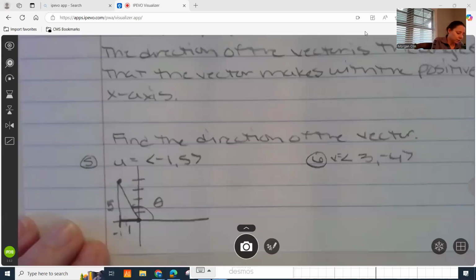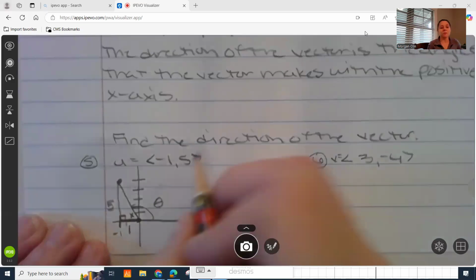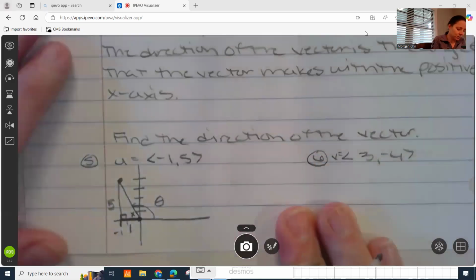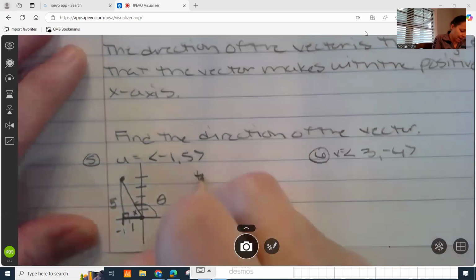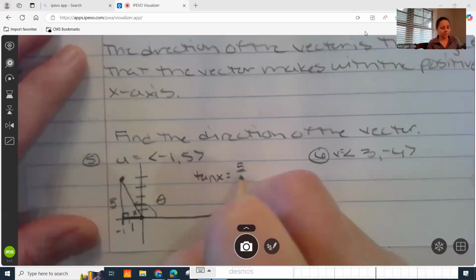And we just created a right triangle. Well, how can I find this x right here? Think back to Math 2 when you did angles and triangles. How do we find that angle? This is the opposite side. This is the adjacent side. What's opposite and adjacent? Tangent. So tan of x equals the opposite, which is 5, over the adjacent.